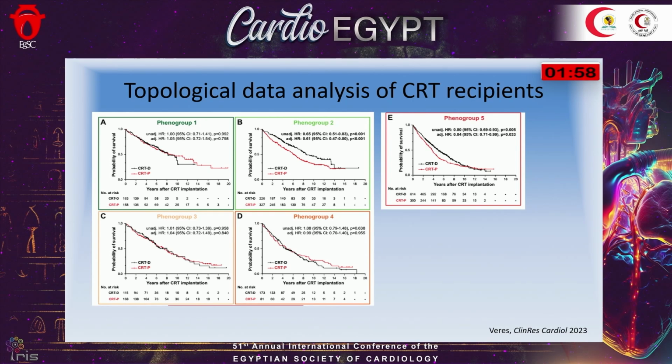You see on the left the overlapping curves of groups 1, 3, and 4, and you see phenogroup 2 and phenogroup 4, one in the low risk group, one in the high risk group, where there is a clear benefit of the CRT ICD compared to the CRT pacemaker.